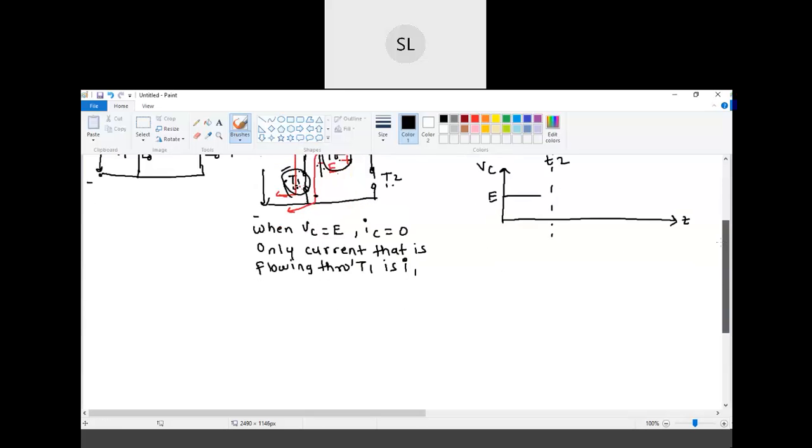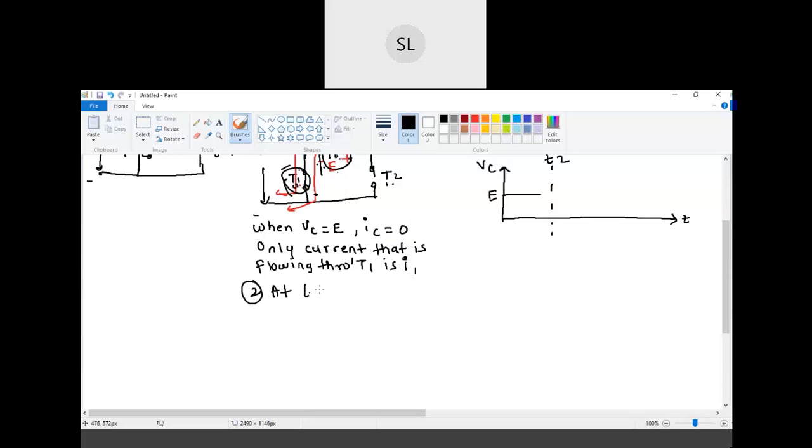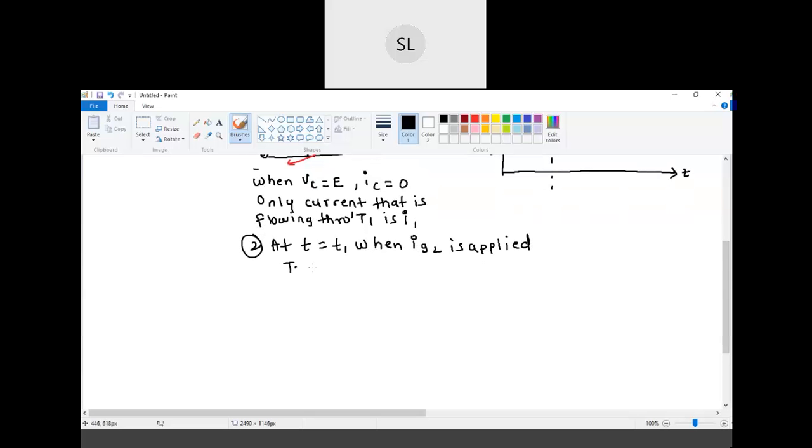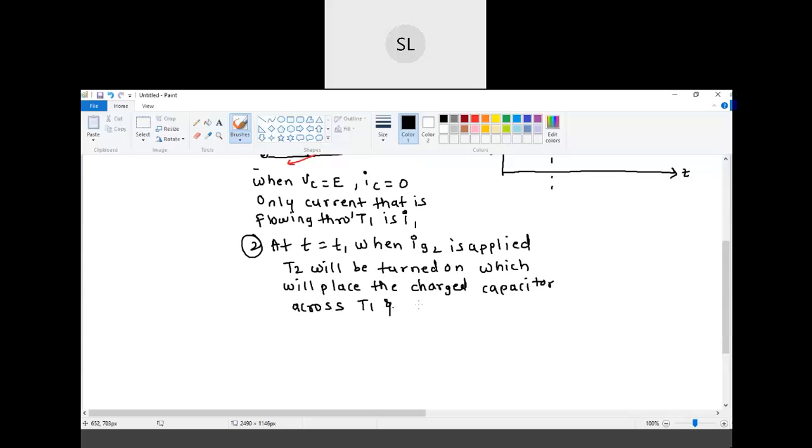Okay. So at second step, at t is equal to T1, when Ig2 is applied, T2 will be turned on, which will place the charged capacitor across T1 and will provide reverse bias to this T1.